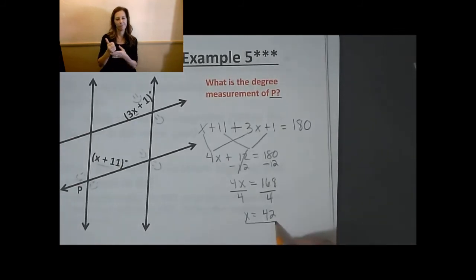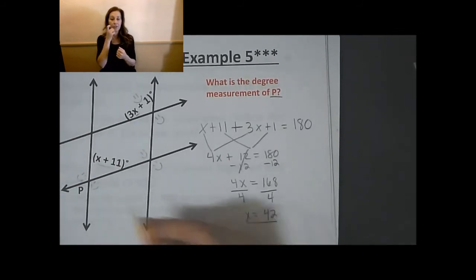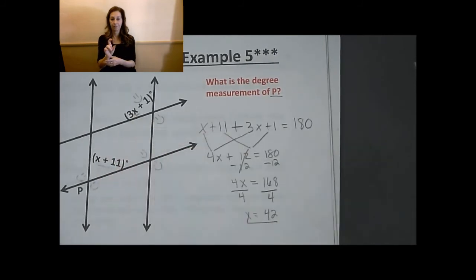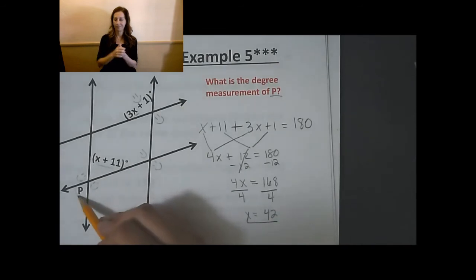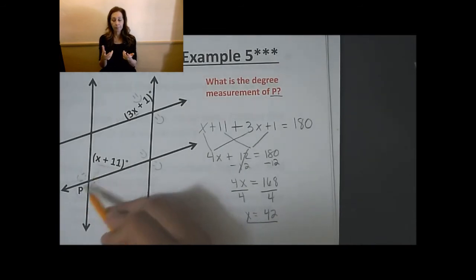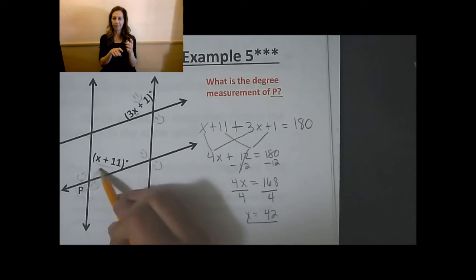So I just found the value of x, but I did not find the value of p yet. To do that, look, this one is vertical to that one, so they must be the same degree measurement.